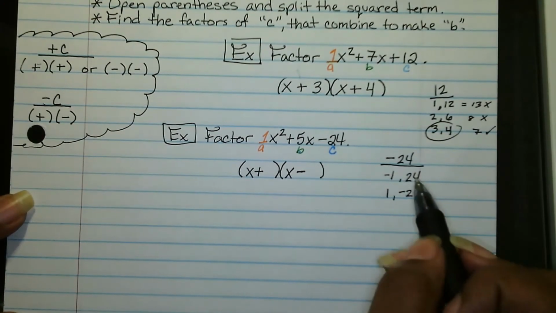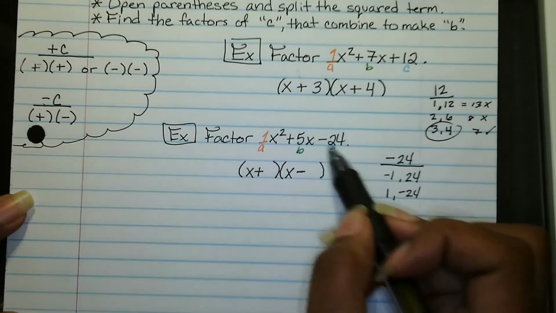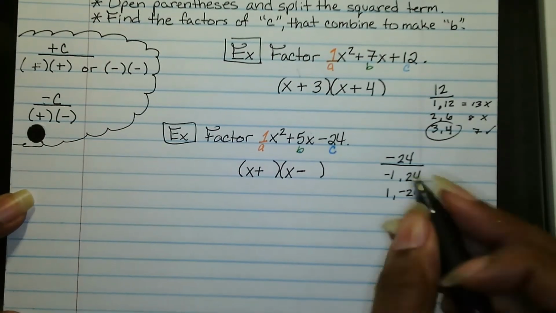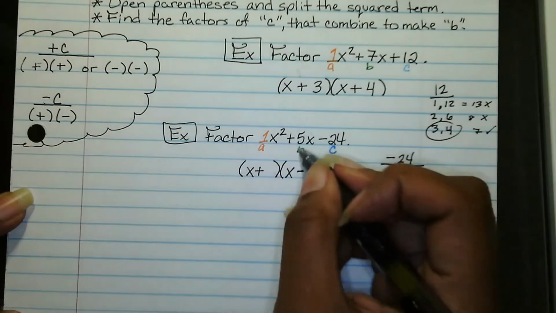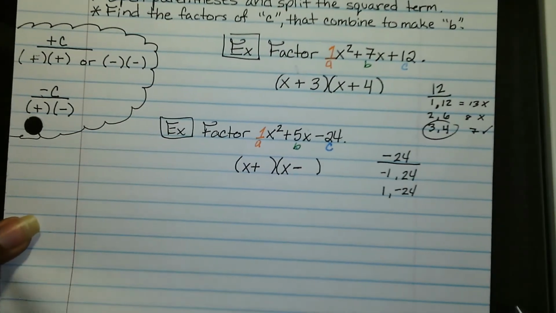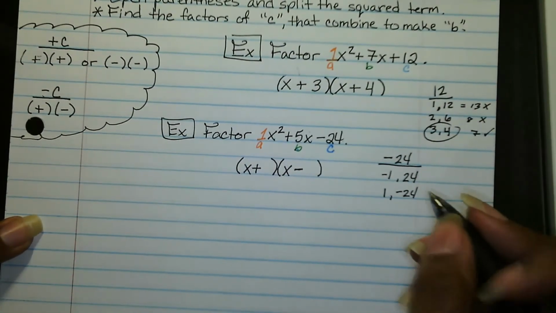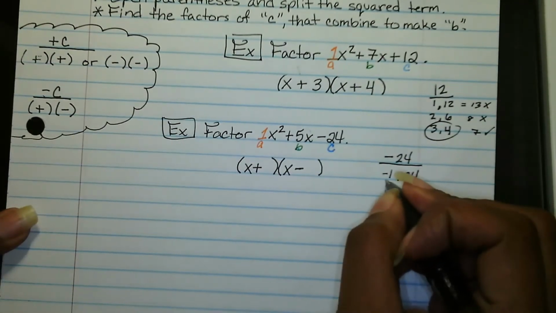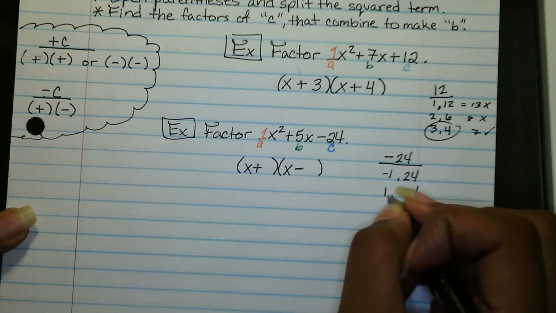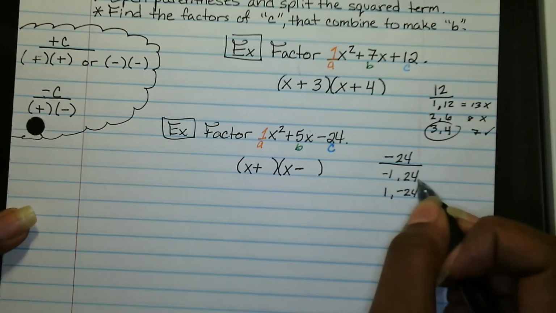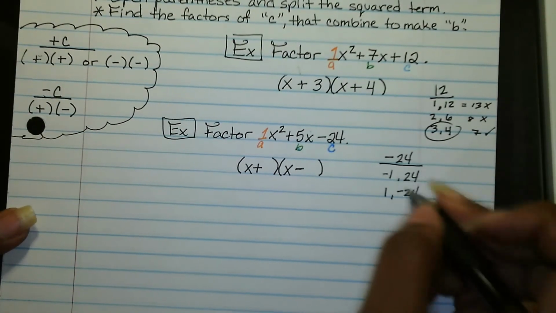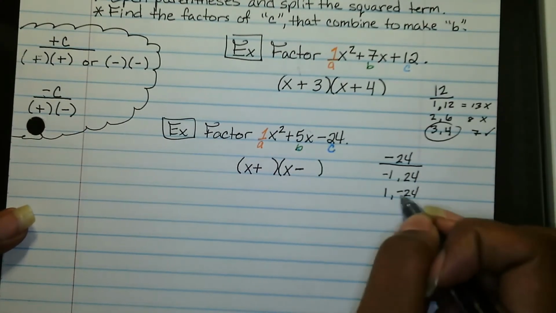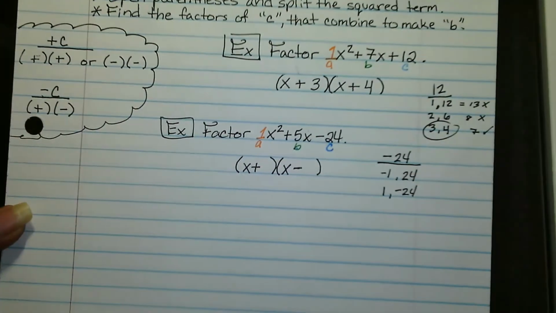So again, we're still trying to find the factors of C that combine to make B. So our B is a positive 5, so we do have to be careful when C is negative with finding the correct factors that give us B. So 1 and 24, 1 and negative 24, negative 1 and 24. Either way it goes, if I combine this, like 24 minus 1 or 1 minus 24, that's not going to give me a 5.